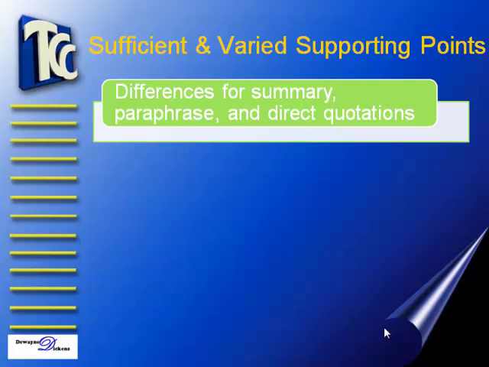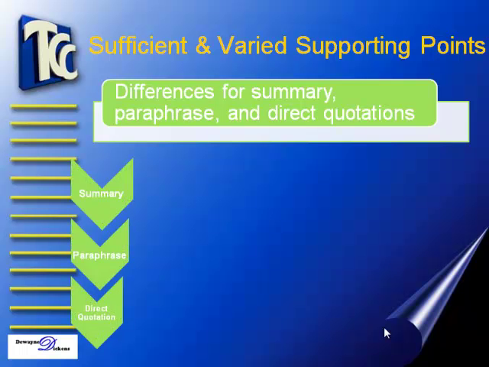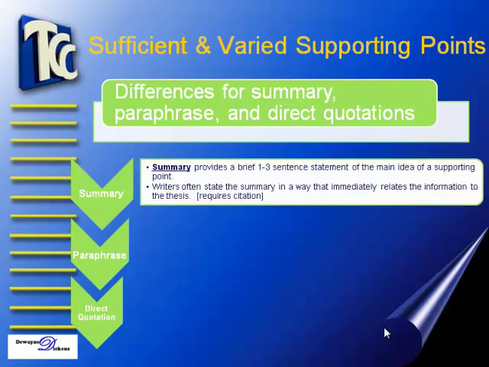Now, what about differences for summary, paraphrase, and direct quotations? Just want to point out that these are different ways of citing and referencing different text. When we think of summary, it's normally one to three sentences that let the reader know the main idea, but are specifically stated in a way that always relates to the thesis.